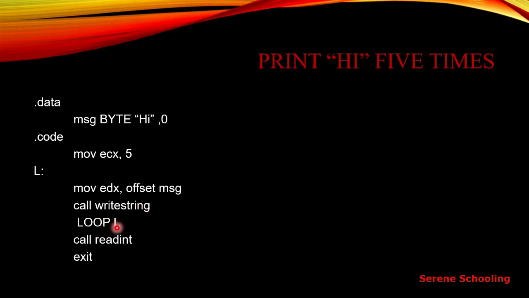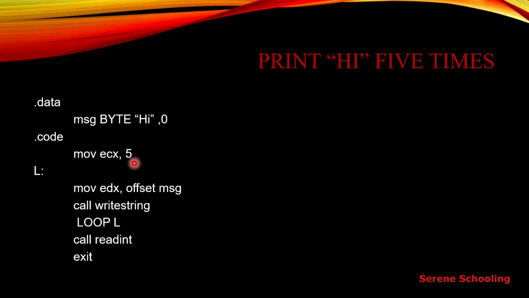Then loop L will send my control again to this L label, inside this label. Then it will again execute this statement, meaning high will be written a second time, then 3 times, then 4, then 5, and it will stop.